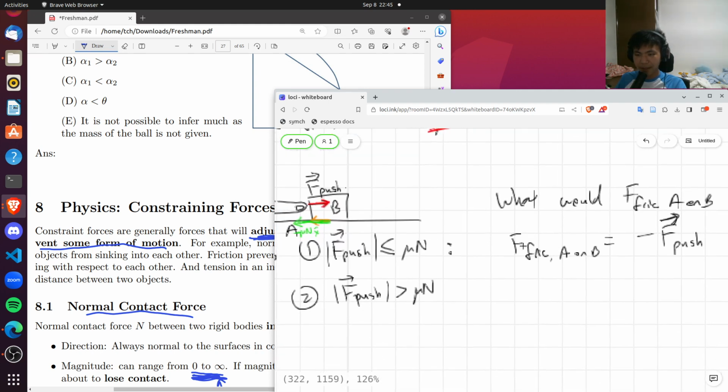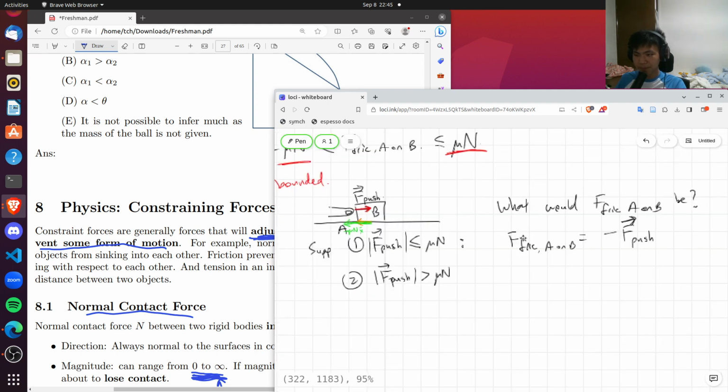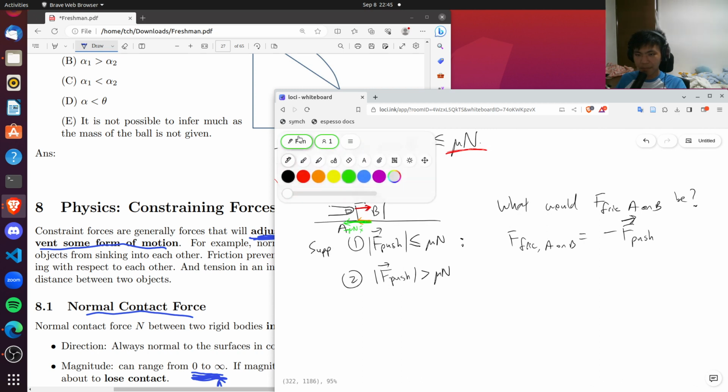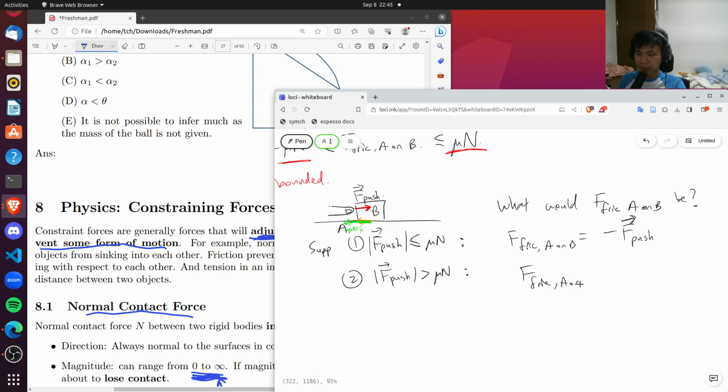Okay, and in the last scenario, what is the magnitude of friction? If your pushing force is greater than mu n, then friction A on B would be minus mu n in the x hat direction, assuming x is rightward positive.